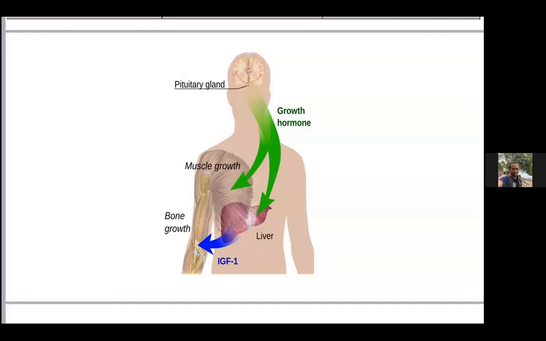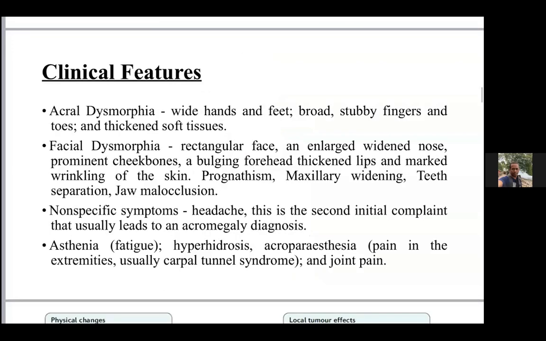So when we have an excess of growth hormone, what happens? First signs are acral dysmorphia. Acral means hands and limbs. Dysmorphia means disfigurement, or a change in the size. You start having wide hands and feet.